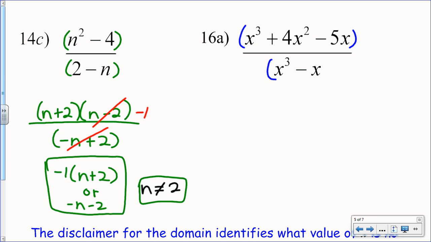All right, do we have a common factor to take out of the numerator? Yes, I should factor out an x. Okay. Do I have a common factor I should factor out of the denominator? x.